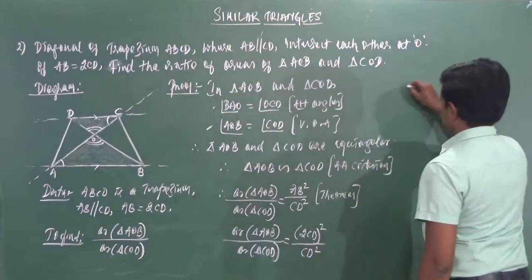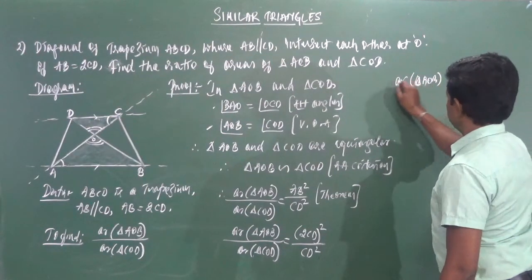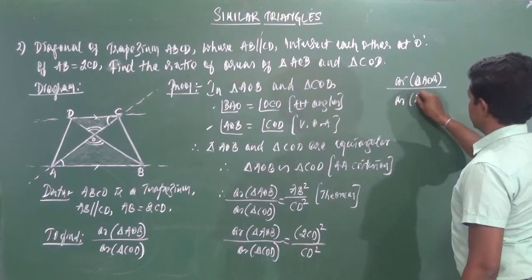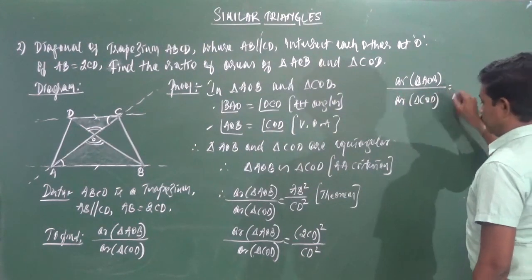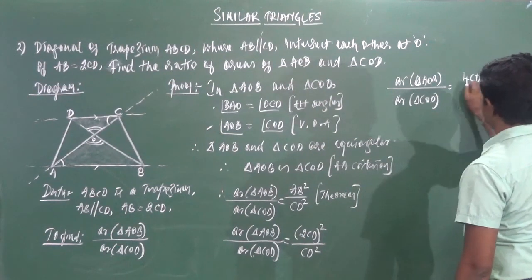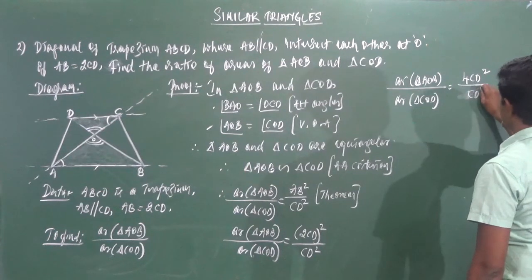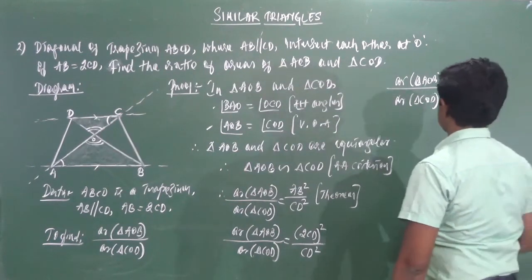So area of triangle AOB by area of triangle COD is equal to 2CD whole square, which becomes 4CD square, by CD square. CD square and CD square get cancelled.